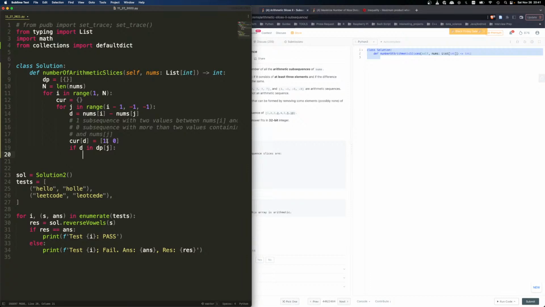So what we're gonna do is current d1 plus equal to dpj. So dpj is ending in j, the 2 value subsequence to the more than 2 value subsequence. So we need to add them together, right? Because I add mine, it's going to add them together. We can actually sum dpj, because on dpj, if it's 2, adding me is going to be 3. And all the other things, more than 3, adding me, they can all go.